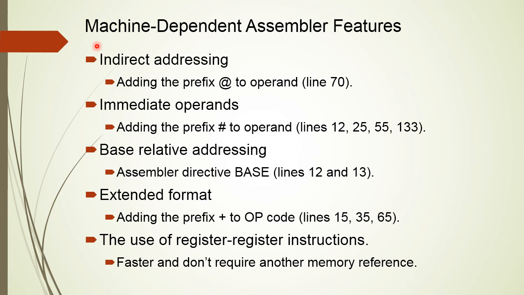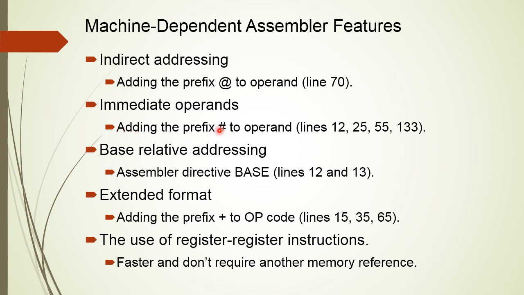For that purpose, we have included some extra operands with respect to an instruction of the SIC/XE machine. If the operand is prefixed with @, as in line number 70 of the example program of SIC/XE, then it is called indirect addressing.